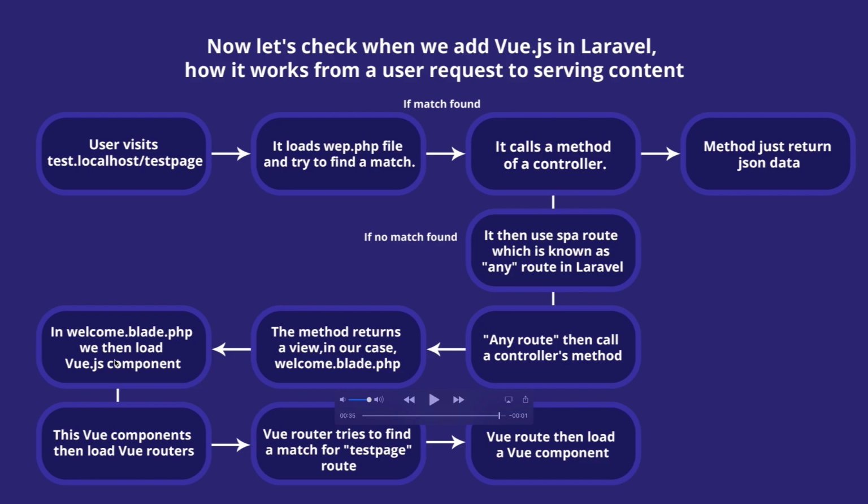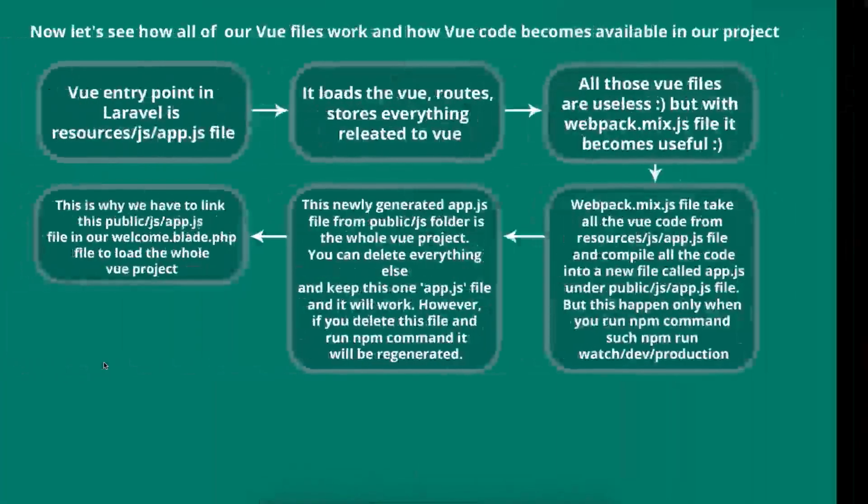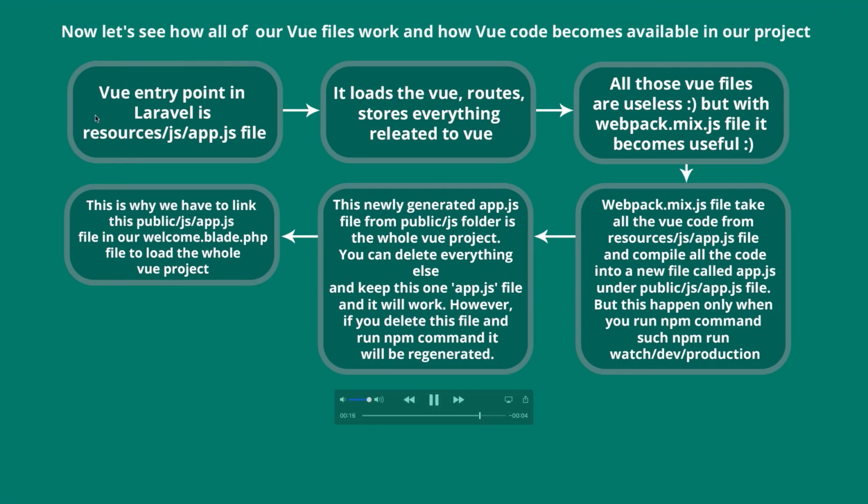Now let's complete this step, and after that the video will end. We have to go up to this part. Bear with me because this is super important. Now this Vue component then loads Vue routers. Let me show you how this will work. We have loaded the Vue component, and we can actually remove these slides because we don't need them.